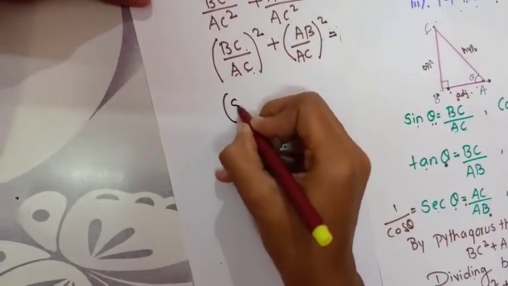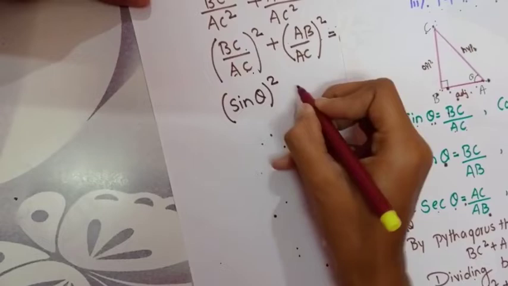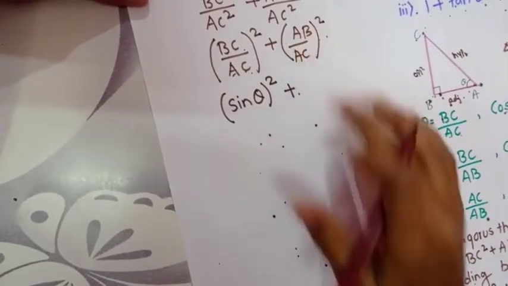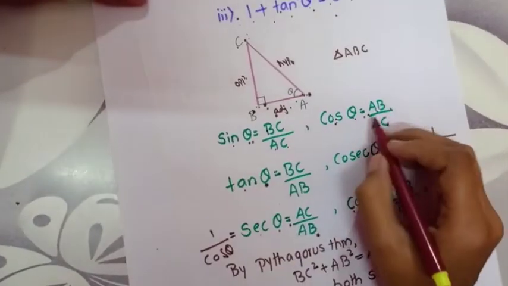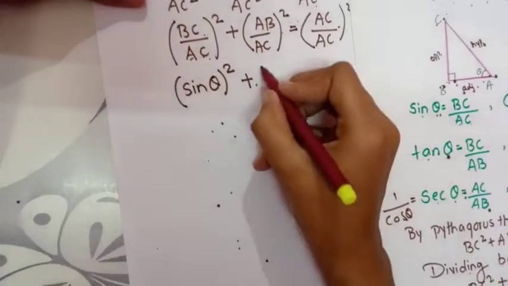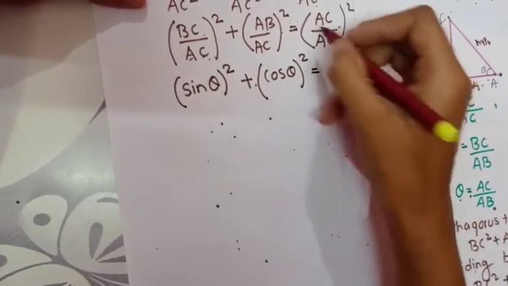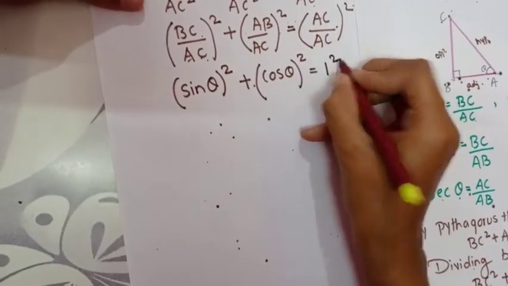Therefore, we get bracket sin theta whole square plus AB by AC, which is equal to cos theta, so cos theta whole square stays as it is. AC by AC is 1 square.